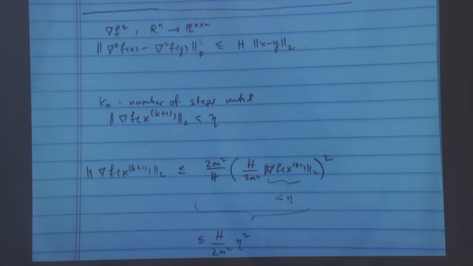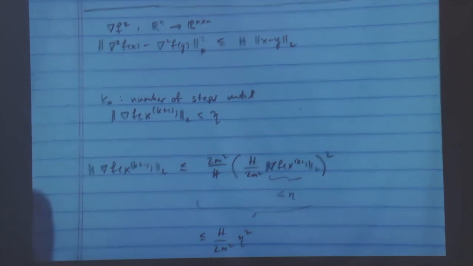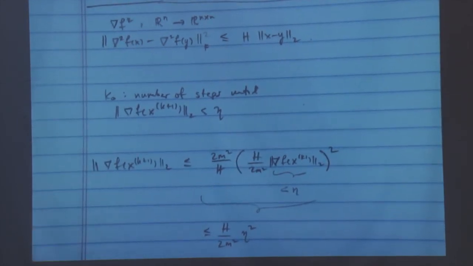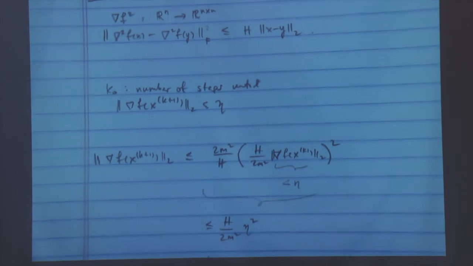And so this is less than or equal to just eta, because eta is less than or equal to m squared over h. Actually, it's eta over 2 even, which we know is less than 1.